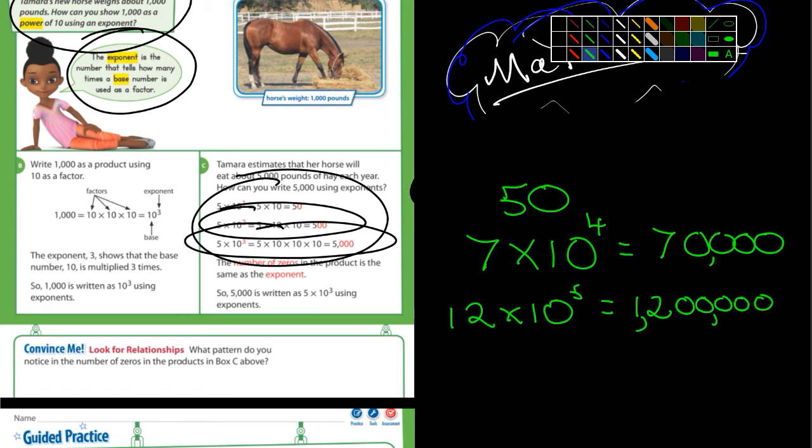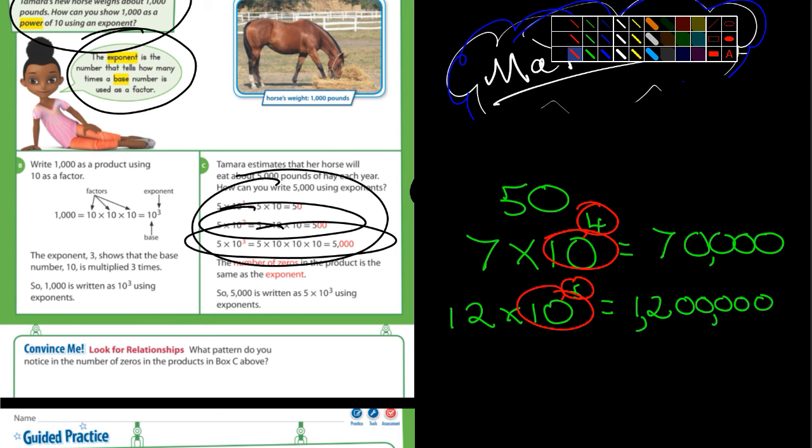You guys see how that works? It's not that hard. But what you're learning is you're dealing with exponents. This is the exponent right here, and this right here is the base. This is the exponent, this is the base.